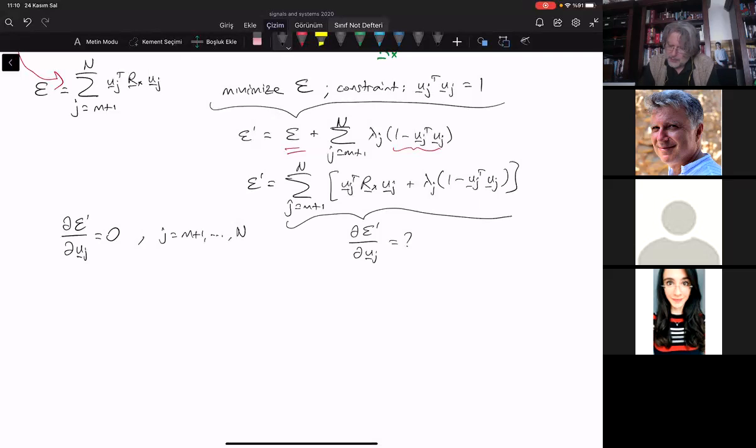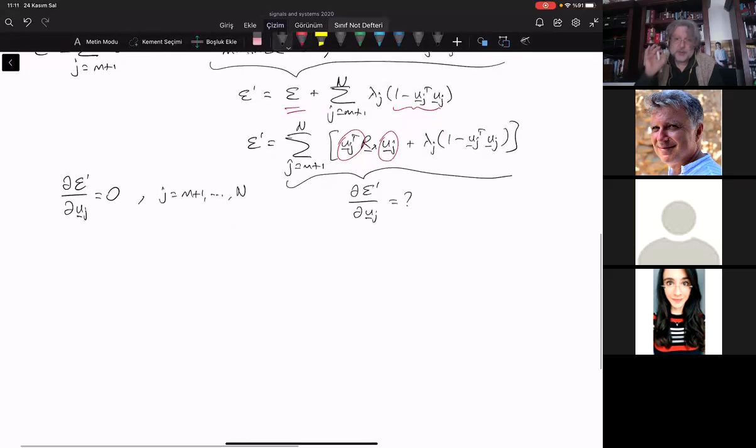For example, here we have uj transpose and uj, so it's like uj square. And what is the derivative of uj square with respect to uj? That is 2uj, right? For the specific choice of j, it will give me 2 Rx uj from this part.